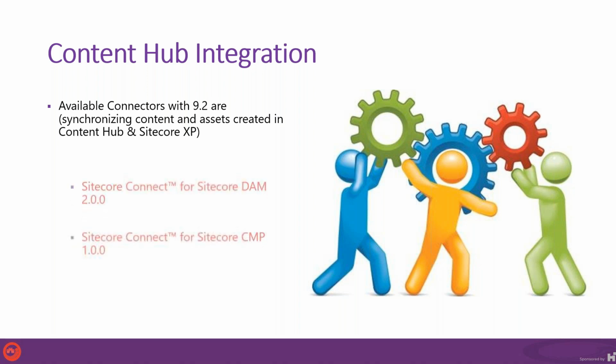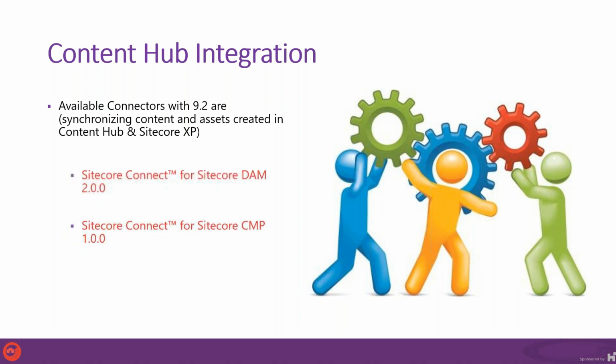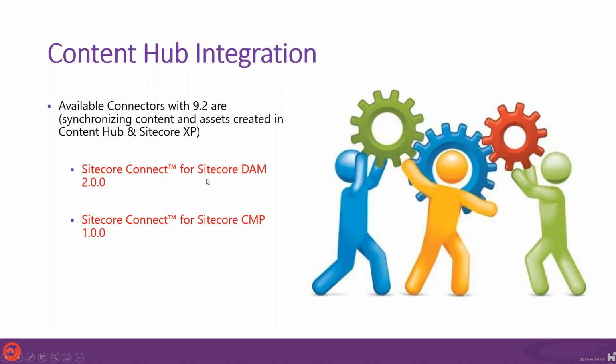So Sitecore provided two connectors, Sitecore Connect for Sitecore DAM and Sitecore Connect for Sitecore CMP. Earlier there were plugins available from Stylelabs to connect to Sitecore, but now as Sitecore owns it, Sitecore started providing connectors to integrate with the Sitecore Content Hub.